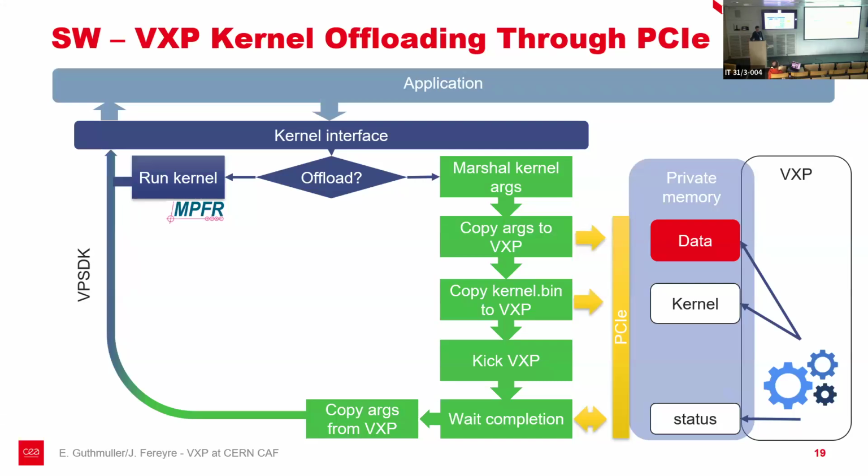On the other side, if you choose to offload, we flatten the arguments of the kernel. Then we copy them to the VXP through the PCI bus. We copy the precompiled kernel binary from the host into the VXP. We start the VXP, wait for the completion, and go back to the application the same way as if it was running through MPFR.